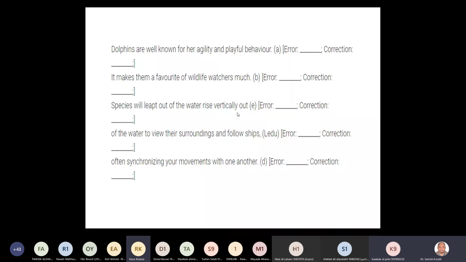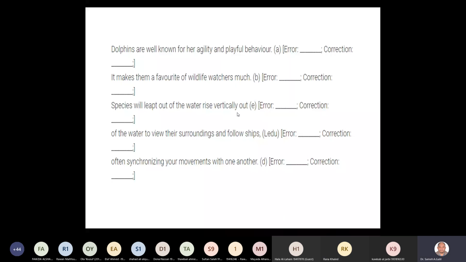Doctor? Yeah, Rana? I'm sorry, Doctor, can you repeat this question? I did not understand anything. Oh, which one? We've been talking about lots of things. Watchers, right?